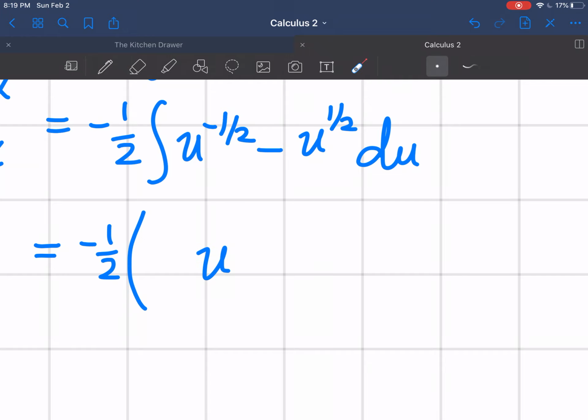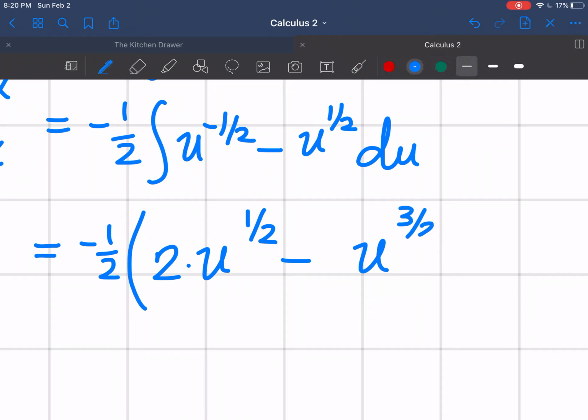We add 1 to negative 1/2, and we get positive 1/2, and you divide by a positive 1/2, which is the same as multiplying by 2. And then bring down the minus, and then you have u to the 1/2, and to this 1/2 we add 1. That gives us 3/2, and then we divide by 3/2, which is the same as multiplying by 2/3. Okay, and so that's how you work that out.